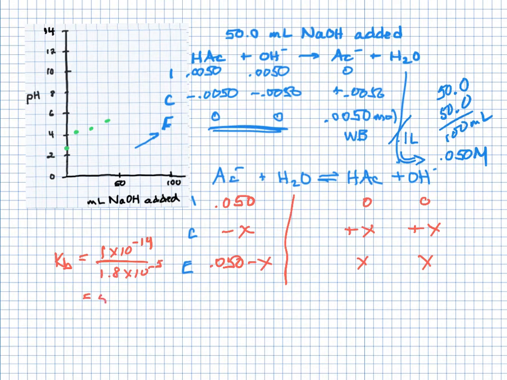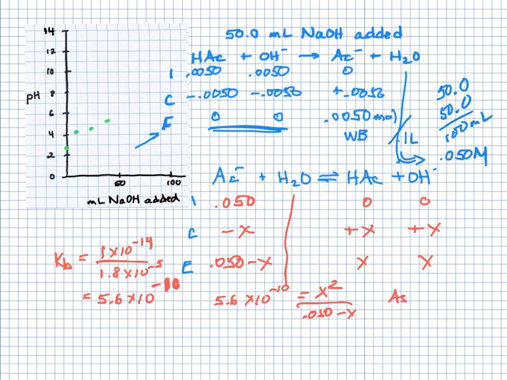So your Kb is 5.6 times 10 to the minus 10. I can't add. Okay, so now Kb, 5.6 times 10 to the minus 10, is x squared over 0.050 minus x.